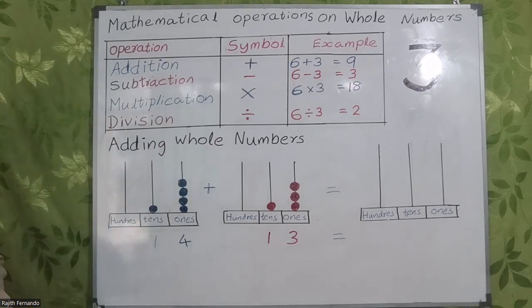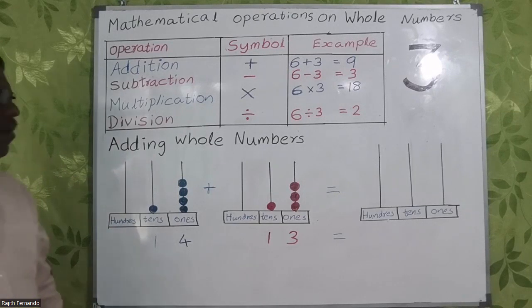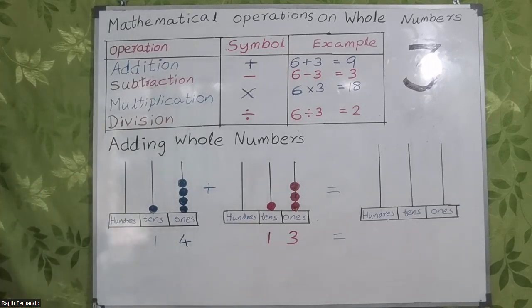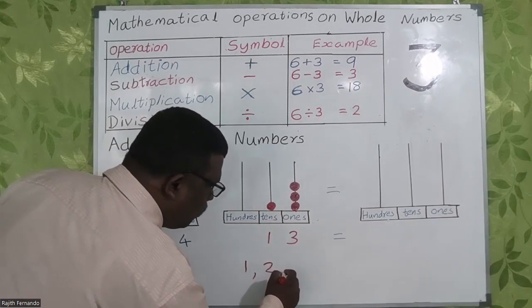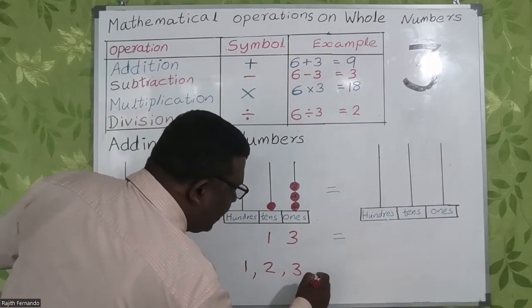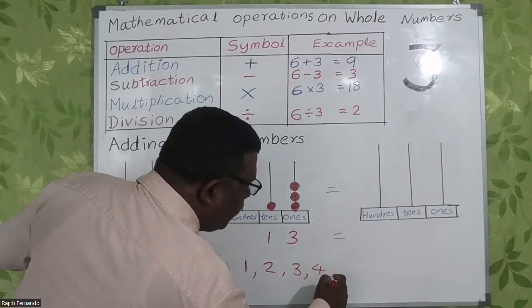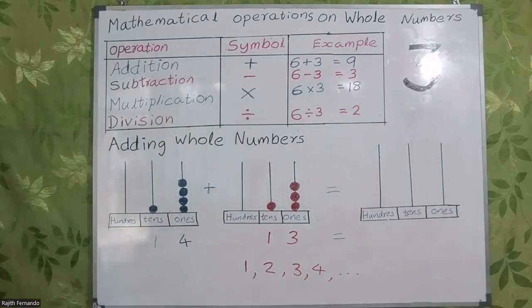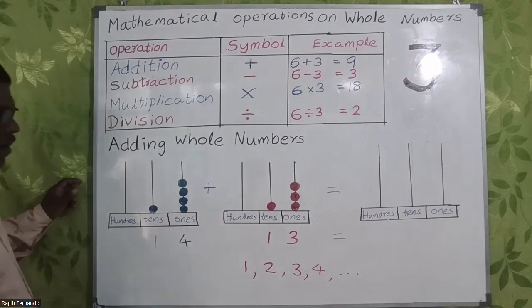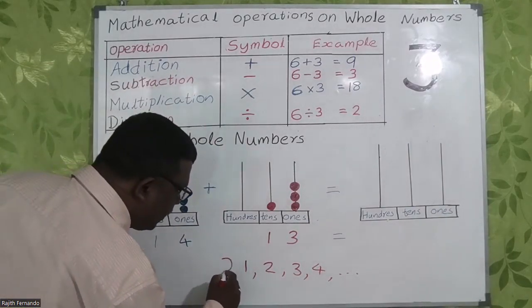Then, what are the whole numbers? Or we normally call them counting numbers. What are the counting numbers? Yes, 1, 2, 3, 4, like that, you have counting numbers. Is zero a whole number, a counting number?